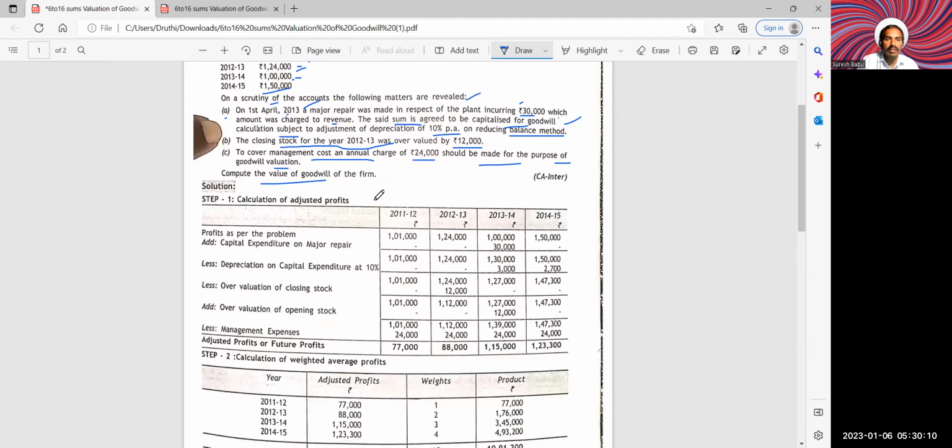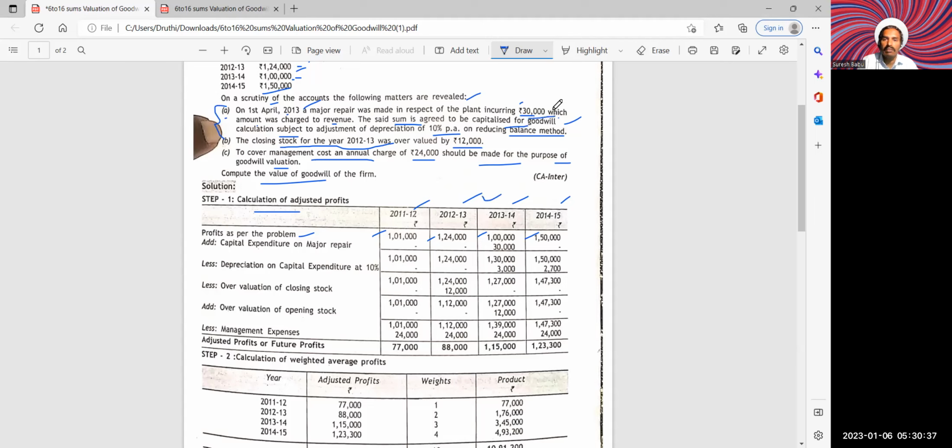It is very easy. So calculation of adjusted profits, first step. 11-12 first year, 12-13, 13-14, 14-15. How many years? 4 years. Profits as per the problem, 1,01,000, 1,24,000, 1 lakh and 1,50,000. What is the first point? The first point says that plant was purchased for 30,000 rupees on 1st April 13-14.